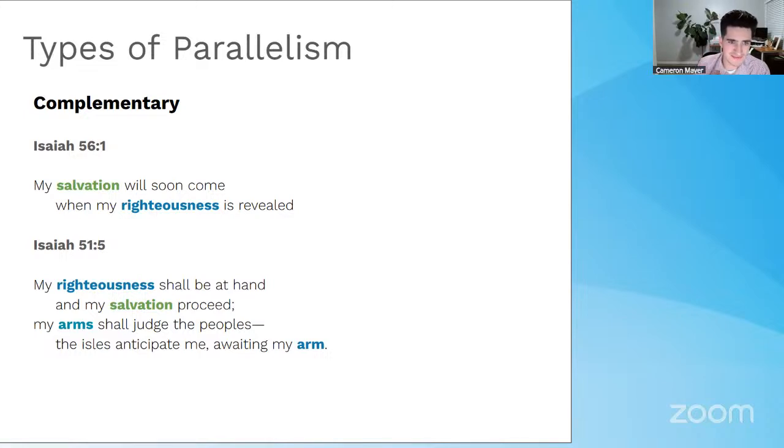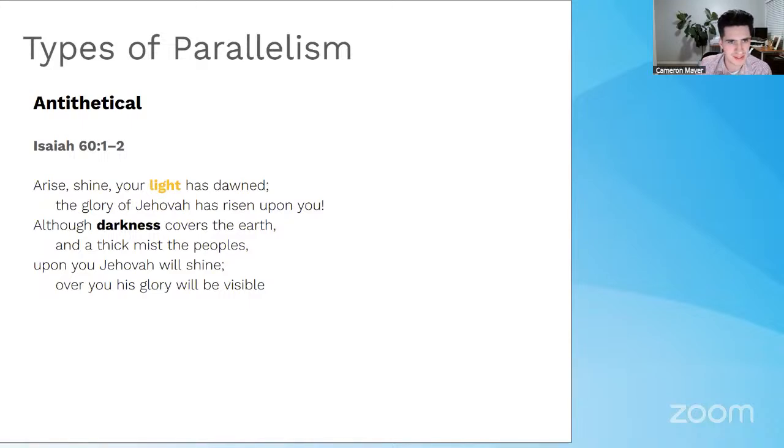Isaiah 51:5, my righteousness shall be at hand, and my salvation proceed. My arms shall judge the peoples. The isles anticipate me, awaiting my arm. You'll see this a lot as we go through: the Lord has two arms in the book of Isaiah, righteousness, the forerunner, and salvation. And so this is just an example of the way those things get illustrated in parallelism.